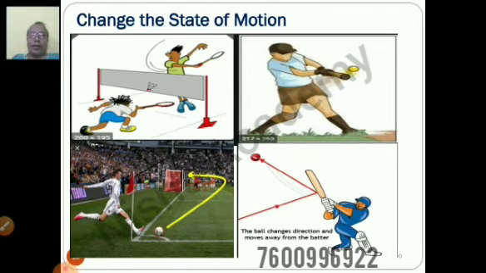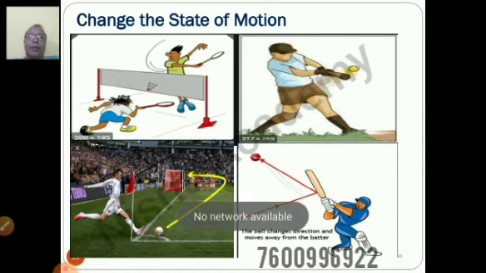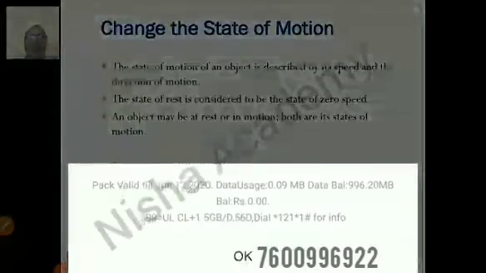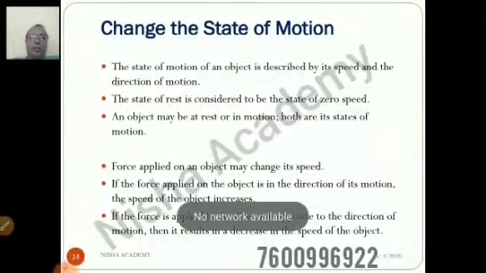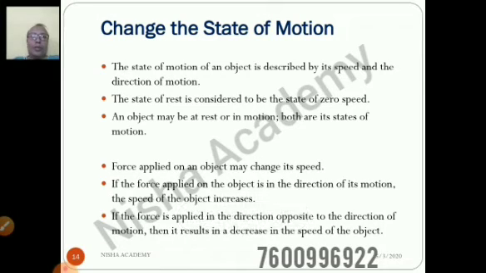In general we can see that there is a change in the state of motion. It means the football, cricket ball or shuttle is moving in one direction, and when the force is applied, it moves in another direction. So what is it? The state of motion of the object.